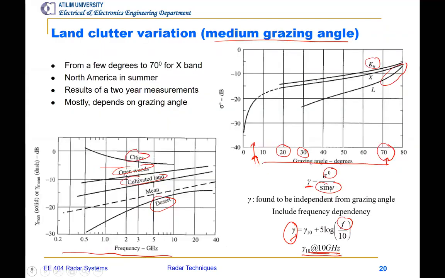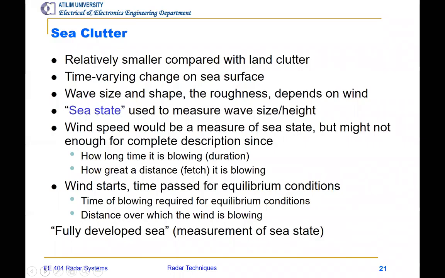So simply these graphs are quite important for understanding of how reflectivity, so RCS of land clutter varies with frequency as well as the objects on the land.